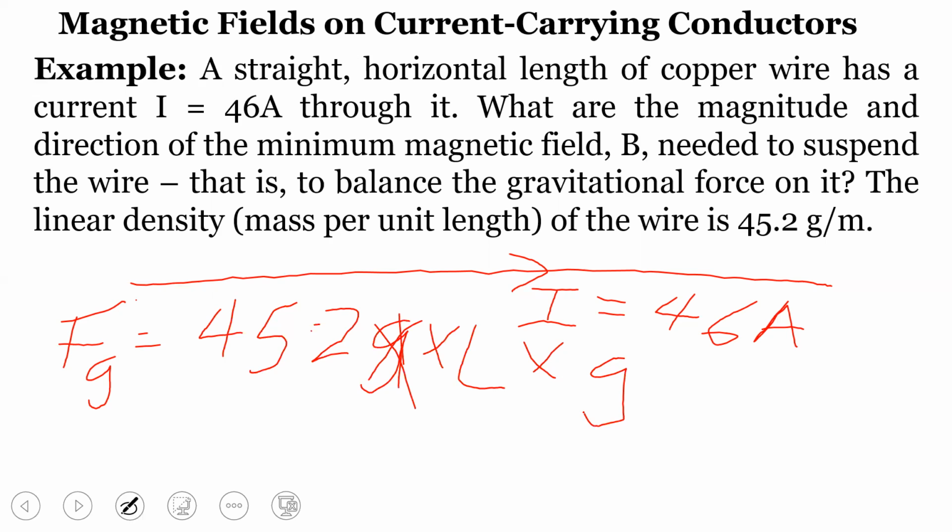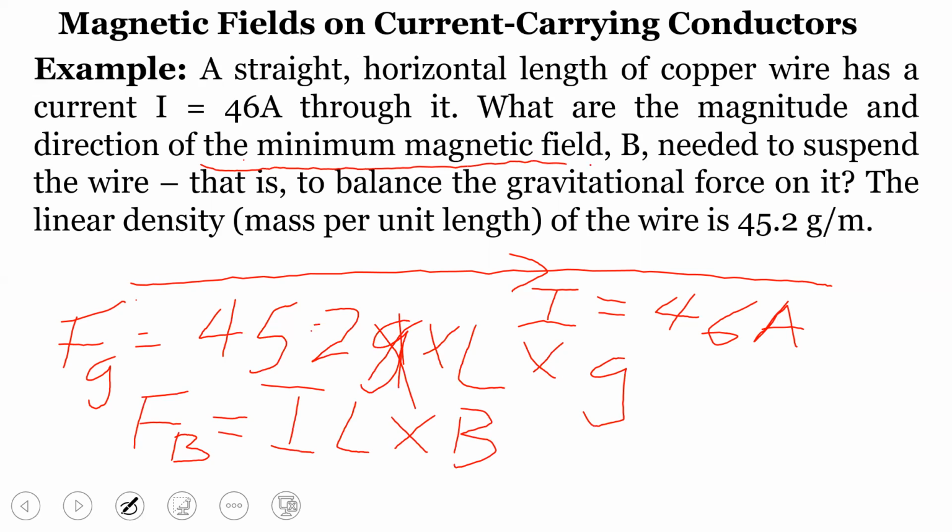Then we should also remember that F_B is equal to I L cross B, right? The question is asking for what magnitude, and there is one phrase we should take seriously: the minimum magnetic field.